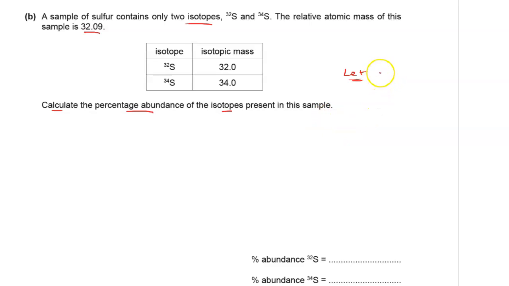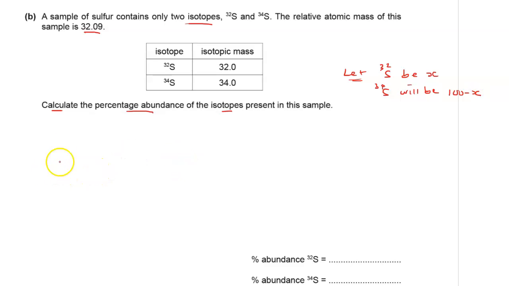Let isotope S32 be X, and therefore isotope S34 will be 100 minus X.